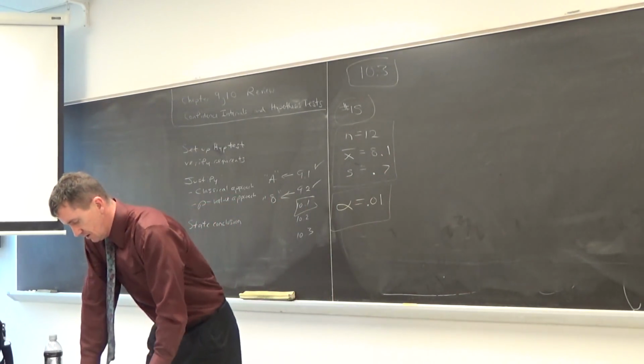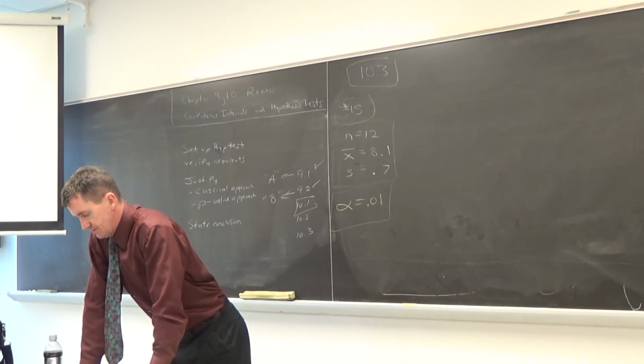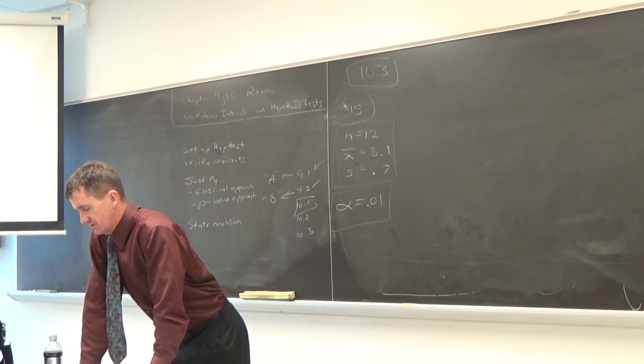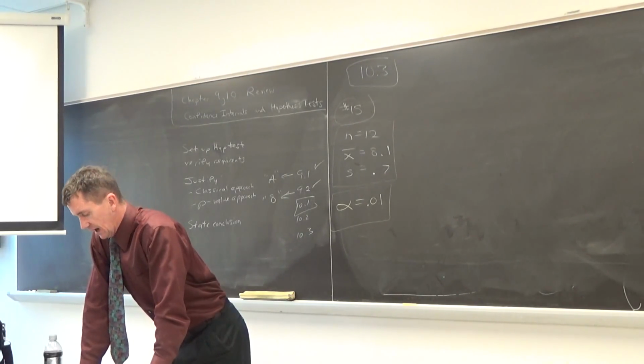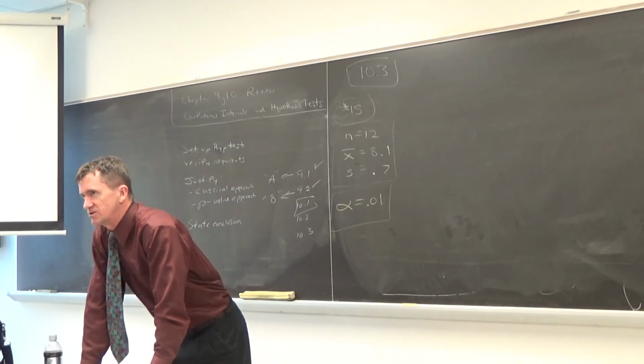Now, everyone, here comes that first sentence. They want to determine whether or not, in the null hypothesis, they're stating in the first sentence, because they always put that first, 9.0 cubic centimeters.